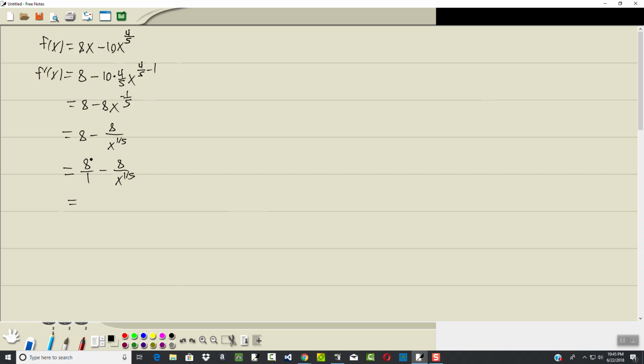Multiply top and bottom by x to the 1/5, and I get 8x to the 1/5 over x to the 1/5 minus 8 over x to the 1/5. That gives us 8x to the 1/5 minus 8 over x to the 1/5, since they have the same denominator. I could factor an 8 out of the top, but I'll do that in the next step.